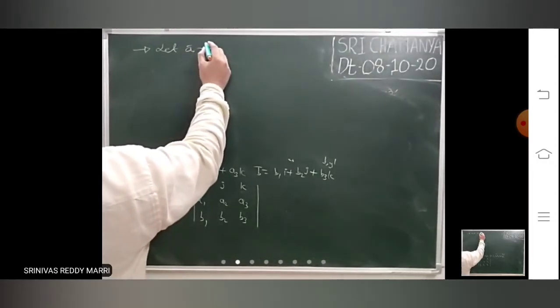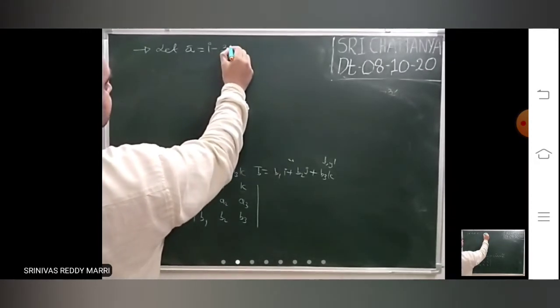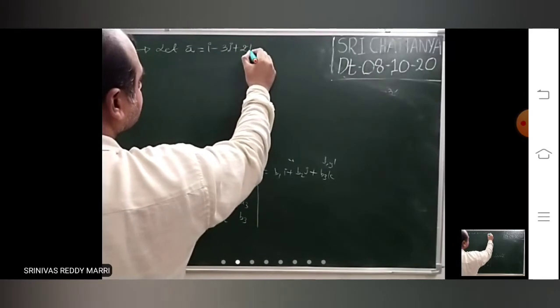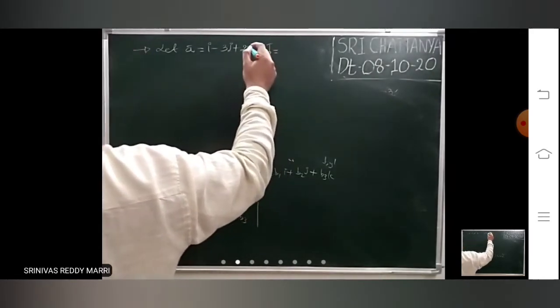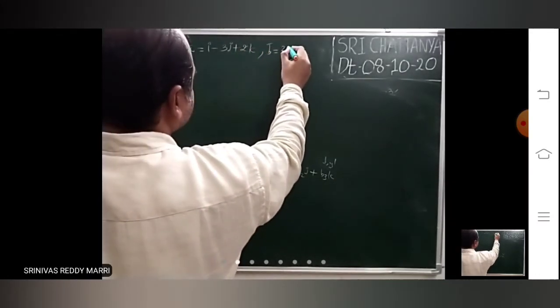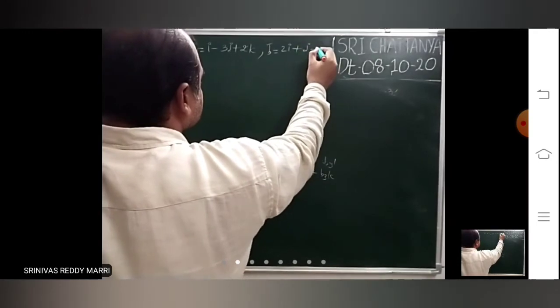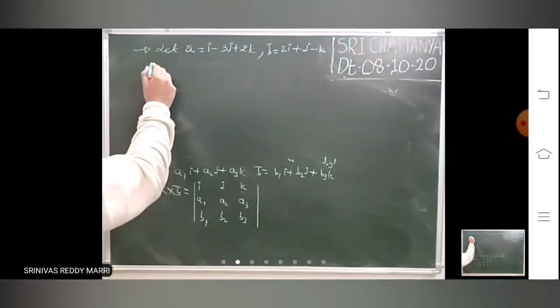Let A bar equal i minus 3j plus 2k, comma, B bar equal 2i plus j minus k.